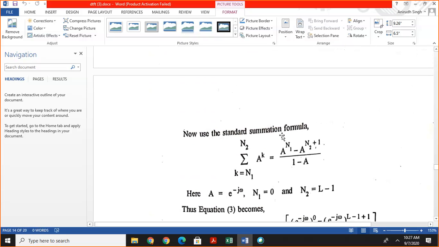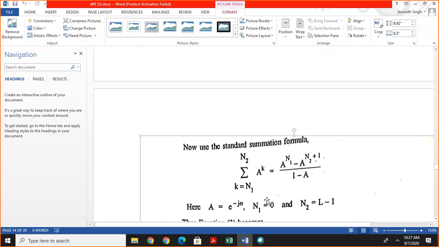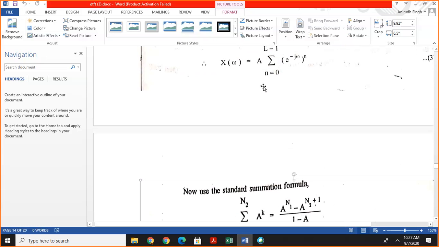and we can use the standard summation formula. The summation of a raised to the power k is given by, if we take a equal to exponential minus j omega, n1 in this case is 0 and n2 is L minus 1.